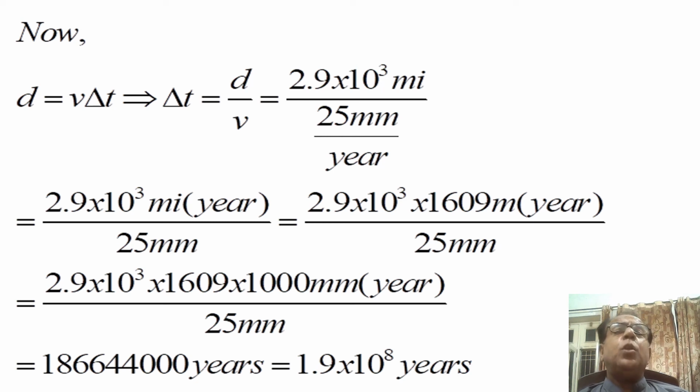So what we are going to do, we are going to convert 1609 meter into millimeter. So this will alternatively become equal to 2.9 times 10 raised to the power 3 times 1609 times 1000 millimeter times year divided by 25 millimeter.